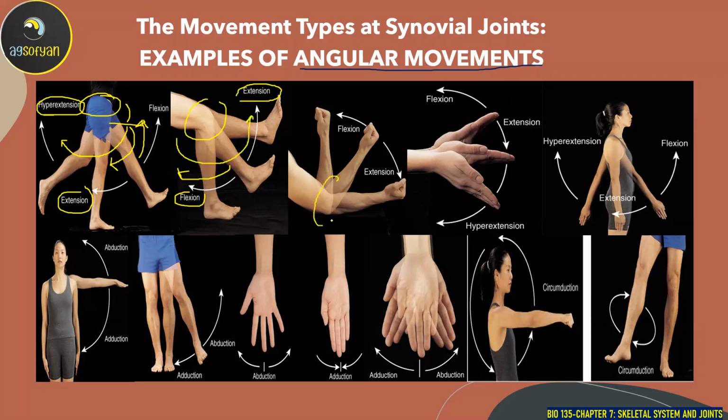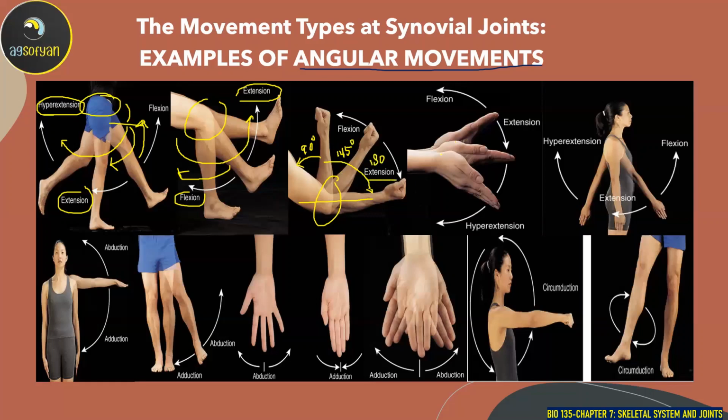Elbow, the same thing, only two types of movement. You flex your elbow, so it lowers the degree, maybe from 145 degrees to only 90 degrees. So this is flexion. If you increase it from 90 to, for example, 180 degrees, a straight line, then the movement is called extension.